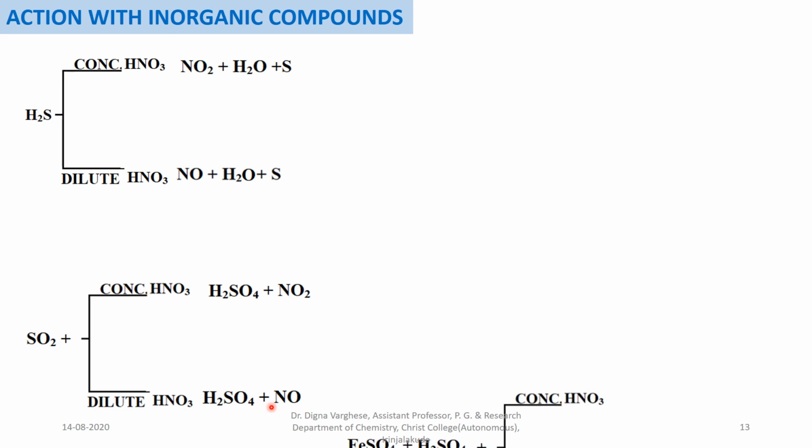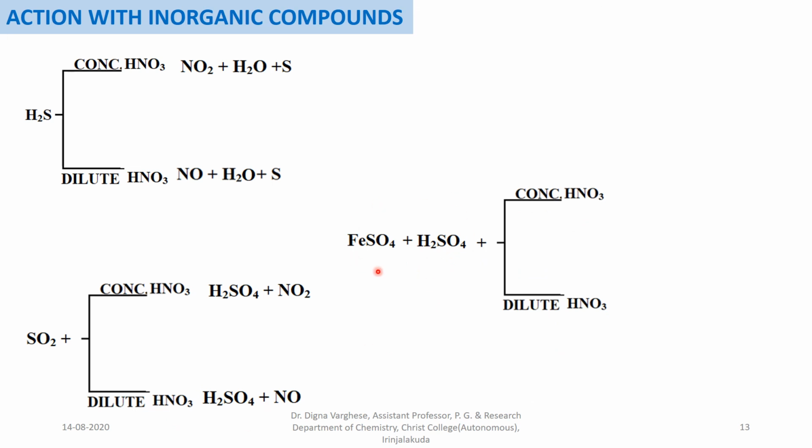Ferrous salts are oxidized to ferric salts by dilute and concentrated nitric acid in the presence of sulfuric acid. Ferrous sulfate reacts with concentrated nitric acid in the presence of sulfuric acid, and we will get ferric sulfate, nitrogen dioxide and water. Ferrous sulfate in the presence of sulfuric acid with dilute nitric acid will give ferric sulfate, nitric oxide and water.